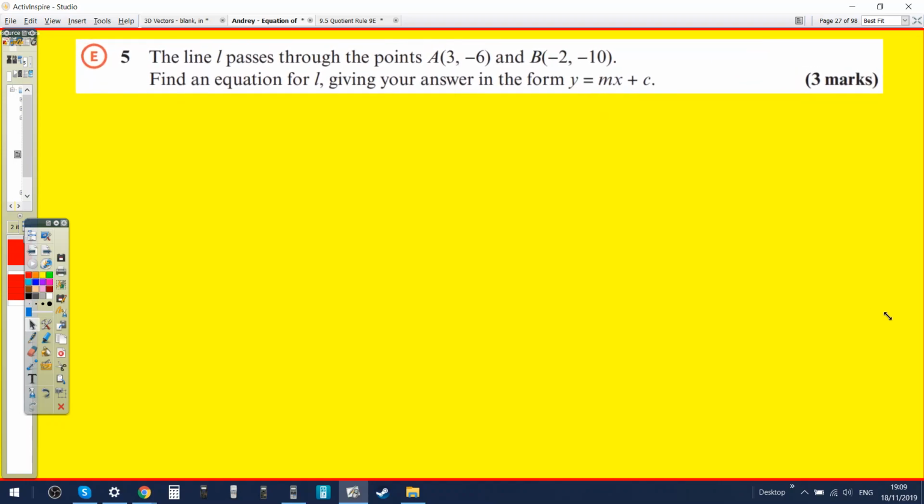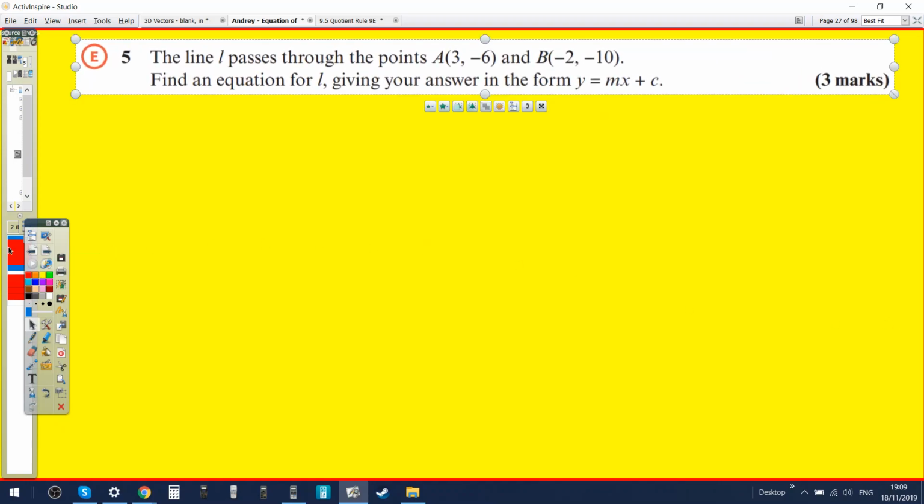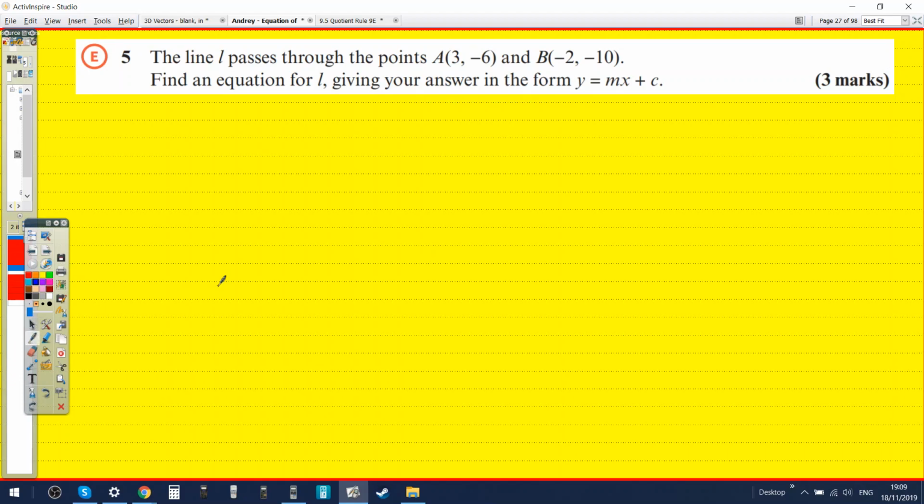Okay. Do you remember how you do something like this? So is this just where I need to do minus 10 minus 6 over minus 2 minus 3? So that would give you m, and then how would you find c?